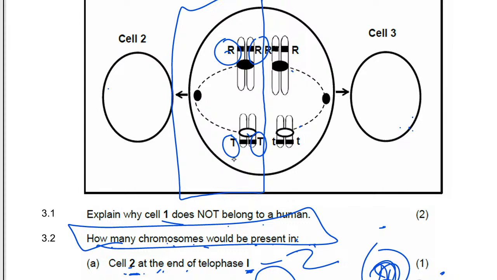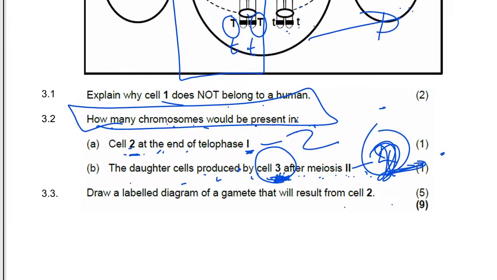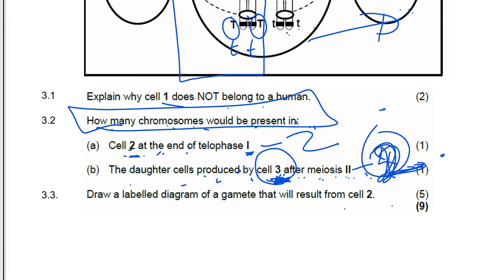Because if you write capital T here and small t here, and small t has gone to that side, you're going to get it wrong. It's just to show the variations. So you're going to draw this and send it to me so that I can check and see if you have done it right.